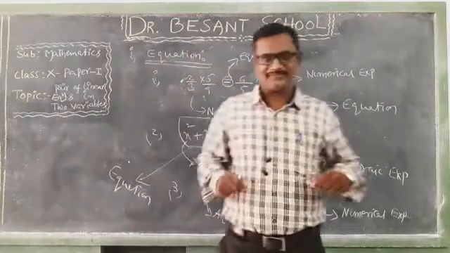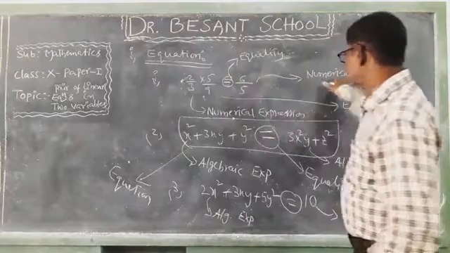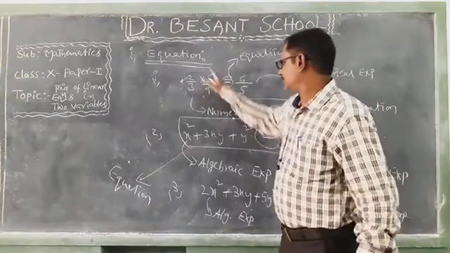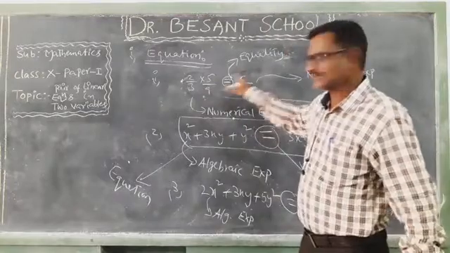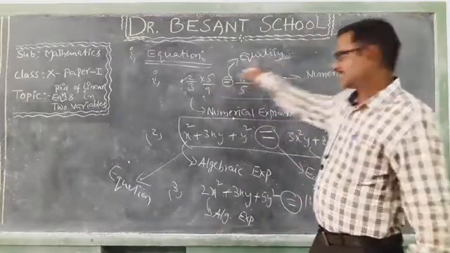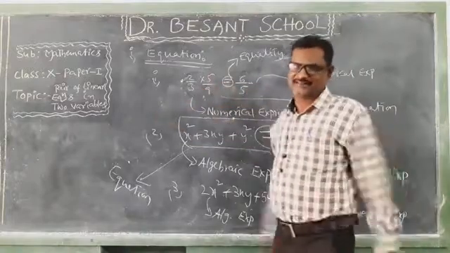An equation is nothing but any two numerical expressions, this one and this another, combined with the symbol of equality. Then the overall sentence 2/3 × 5/9 = 6/5 is called an equation.